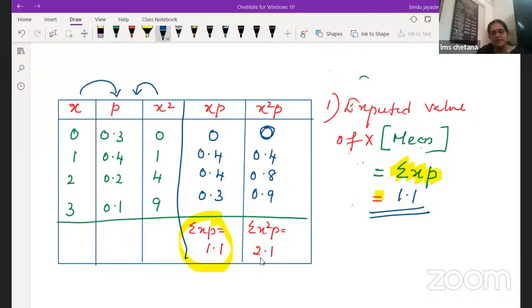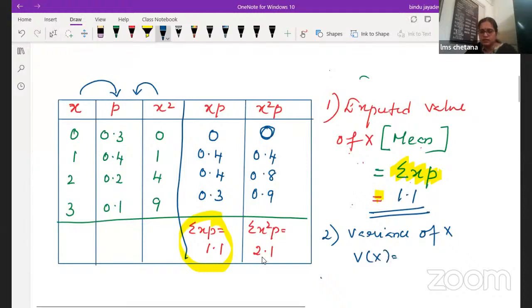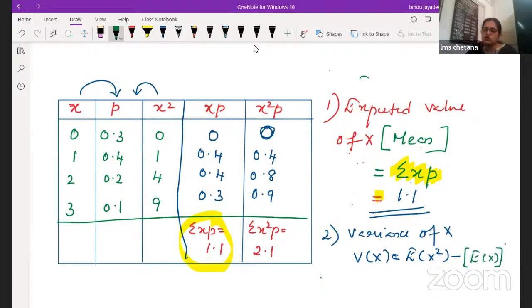Now, for the second part, variance, you want to do a small calculation. Variance of x, that is V of x, equal to the formula. I'm writing the formula for you. That is also easy. Write it this way: E of x square minus, square bracket, E of x, the whole square.